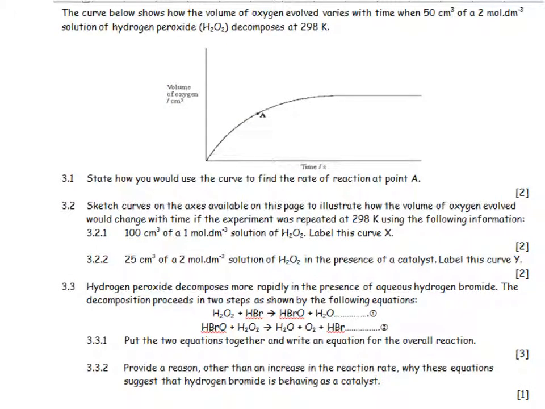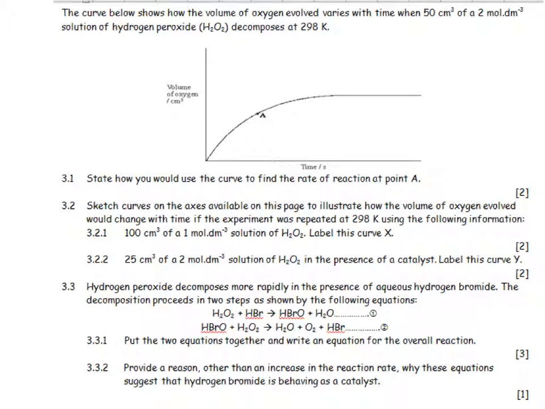Onto a rates question. The curve below shows how the volume of oxygen evolved varies with time of a 2 mole per cubic decimeter solution of hydrogen peroxide, and it's decomposing at 298 Kelvin. They give me this information. It's the volume that I'm producing in certain periods of time. How would you use the curve to find the rate of the reaction?